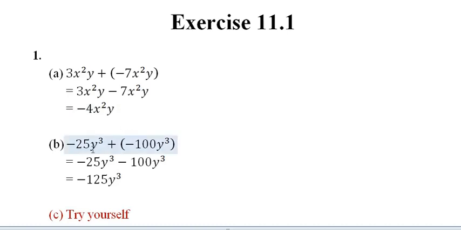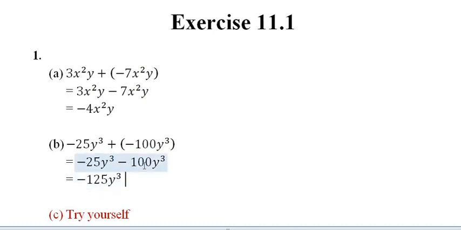Now let us continue with the second question, that is minus 25y cube, y to the power 3, plus, open the bracket, minus 100y cube. We write minus 25y cube as it is, and plus into minus is minus 100y cube.